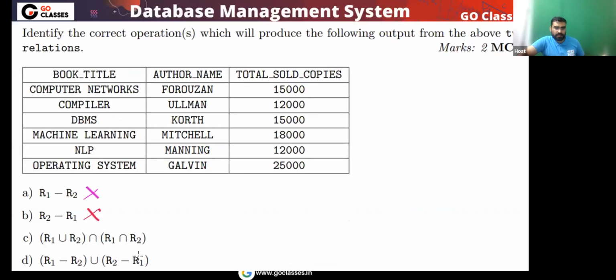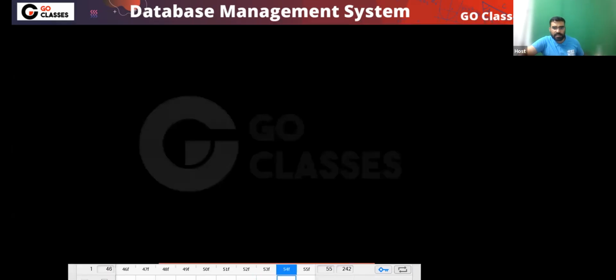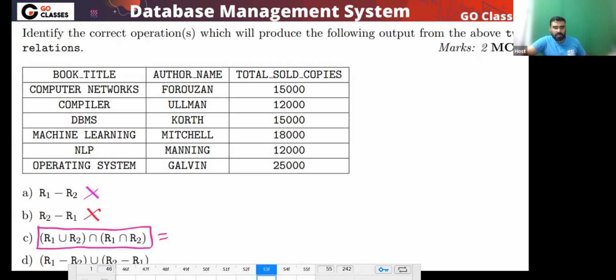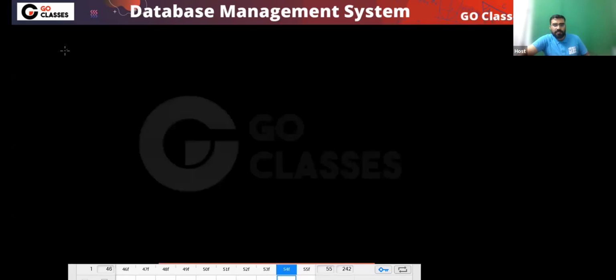Okay, what about the next? Tell me this point. What will this give you? R1 union R2, intersection R1 intersection R2. What is the simpler form? In simple terms, what can you write?